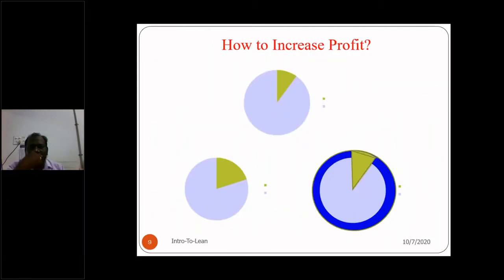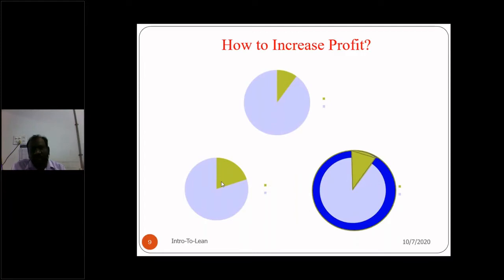When you see this slide, you may see a circle and a triangle inside it. This is an organization whose profits are increasing day by day.